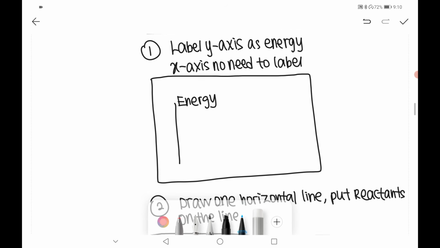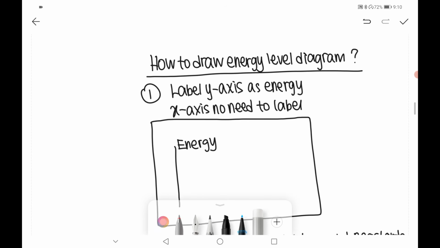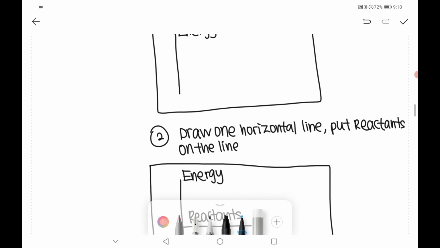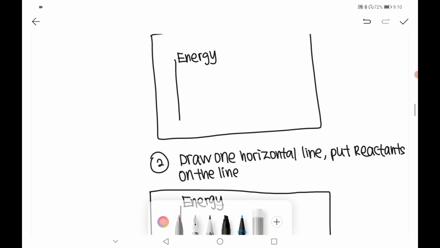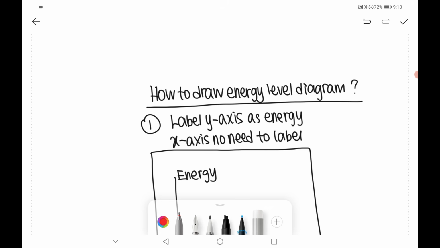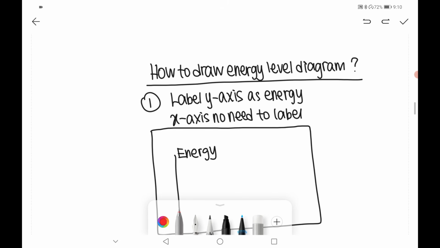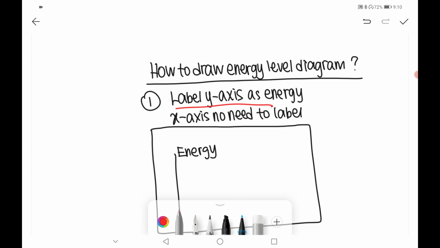Now the next thing, I'll teach you step by step how to draw the energy level diagram. You don't need to memorize. If you want to draw an energy level diagram, first of all, you need to label the y-axis.